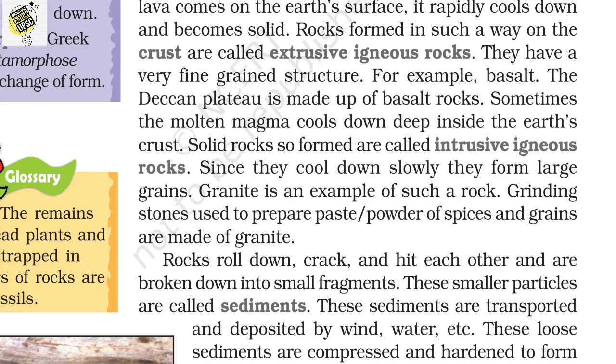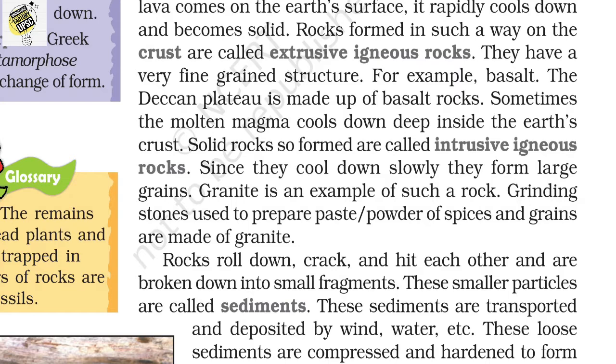Sometimes the molten magma cools down deep inside the earth's crust itself. The solid rock thus formed inside the crust is known as intrusive igneous rock. Since they cool down slowly, they form large grains, and the main example of such a rock is granite.